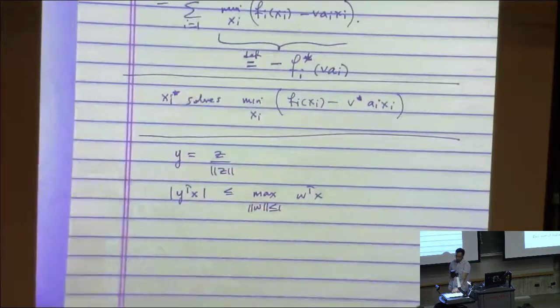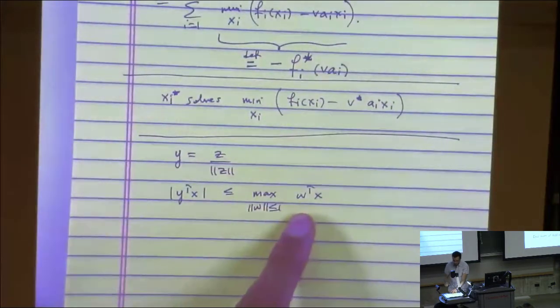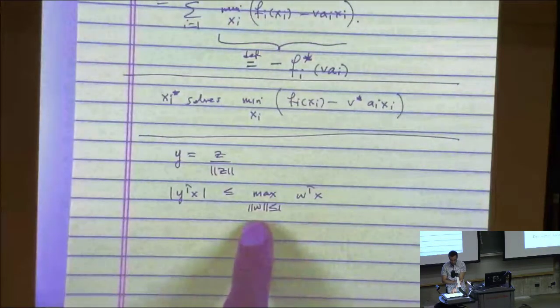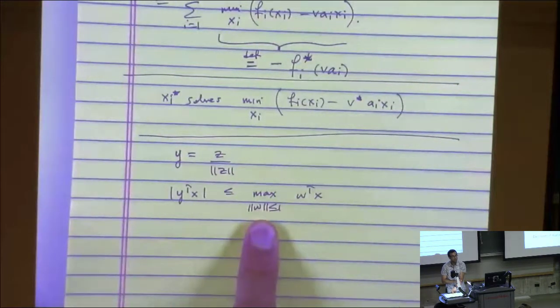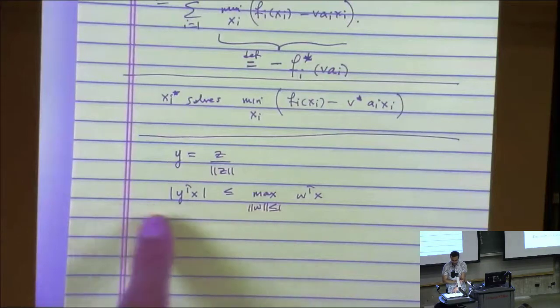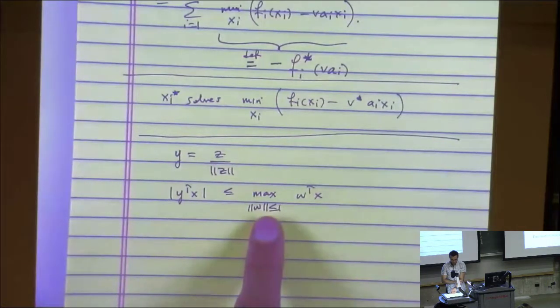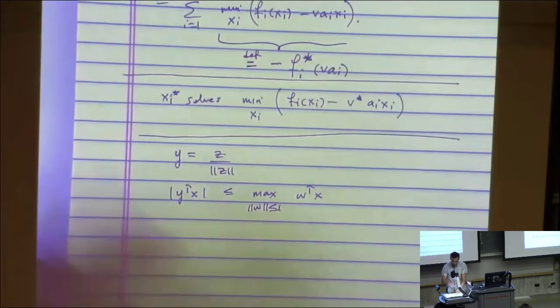Why is this? Well, I could have put an absolute value here. It's the same with or without an absolute value because this set is symmetric. So if w is in this set, then minus w is in this set as well. And this is just saying that y transpose x is less than or equal to the max of w transpose x over all w that have norm less than or equal to 1.